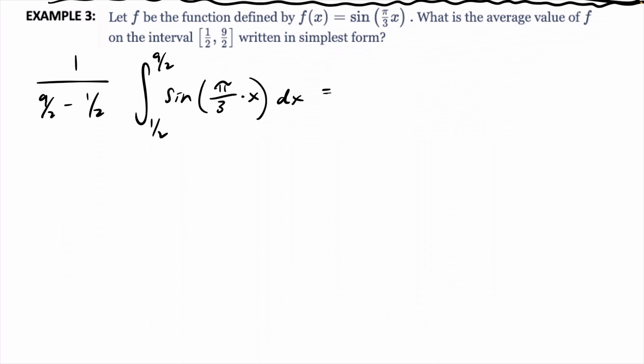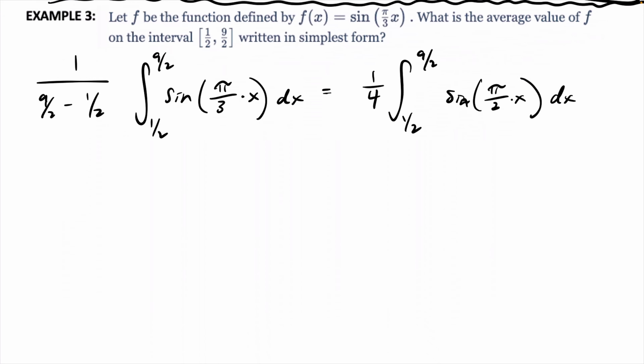Now I'm ready to roll. What is 9 over 2 minus 1 over 2? 8 over 2, which is 4, right? So it's 1/4. You write it that way, and then you would switch.